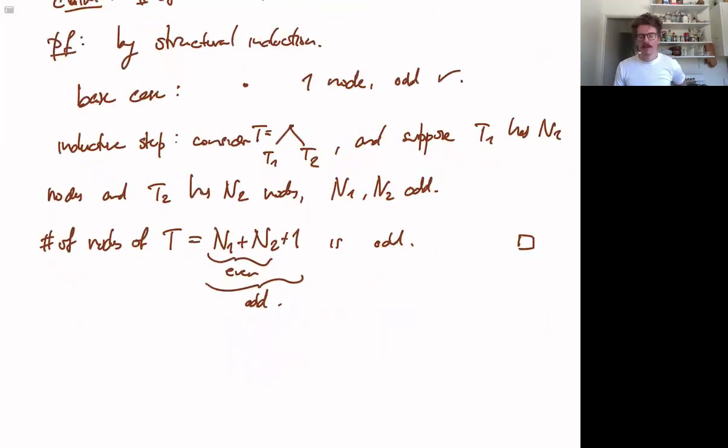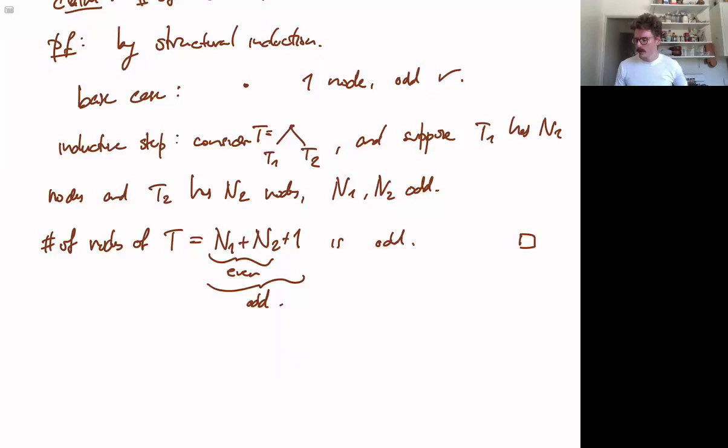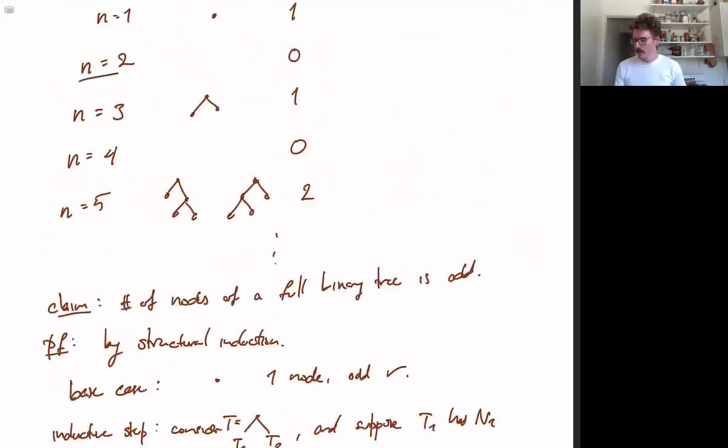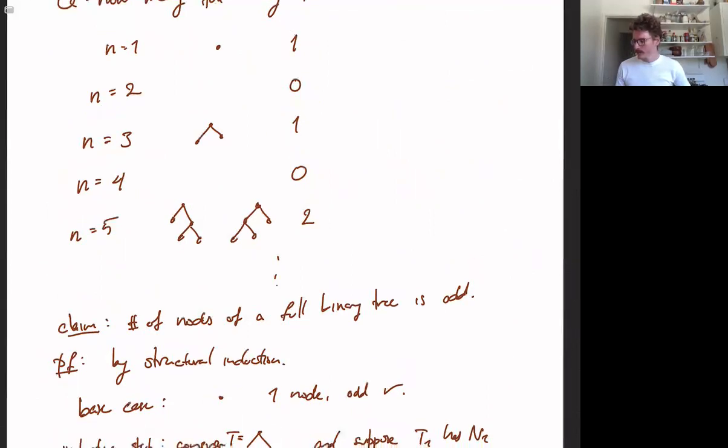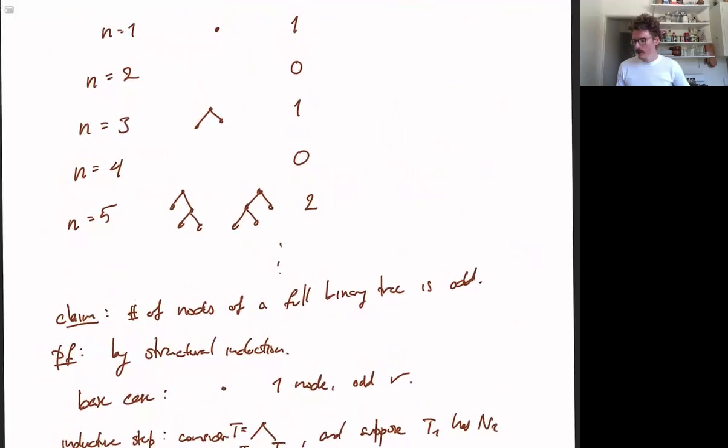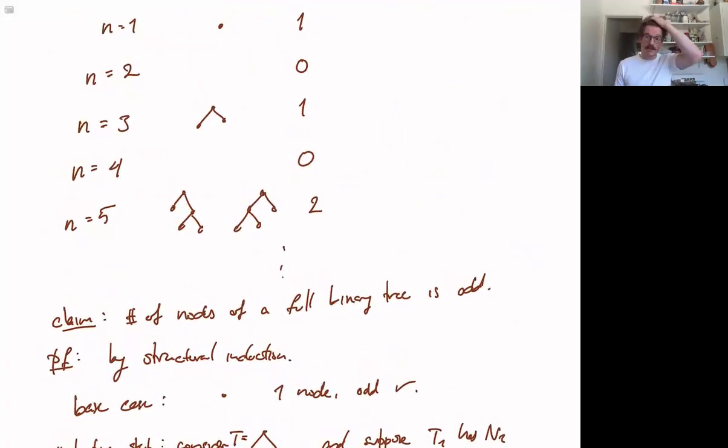So now what about the rest of them? So we know that for even numbers, it's always going to be 0. But what about these things? How can we figure out what these numbers are? Well, we have this recursive definition of binary trees. So let's see if we can write down a recurrence relation for these numbers that we're trying to figure out.